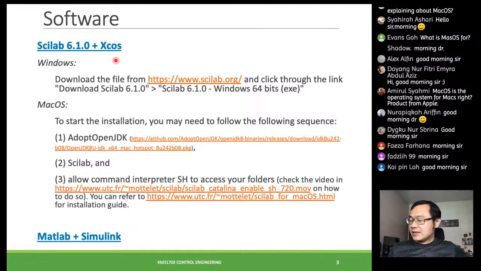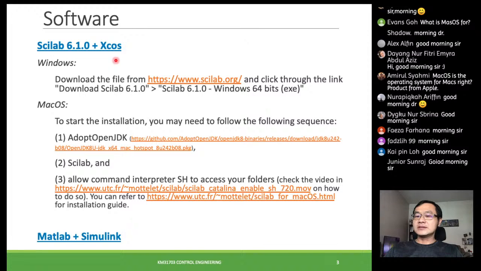So here are the different users of computer. You may be using Windows. I guess most of you are using Windows, so you don't have a problem with that, especially regarding bugs and so on.